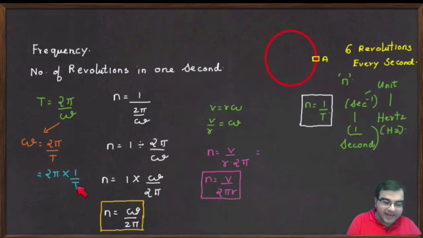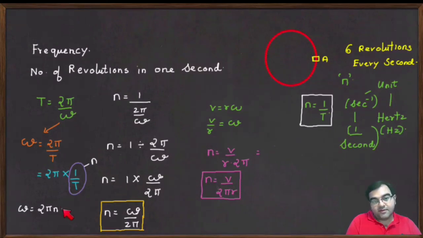So instead of this 1 by T, I will put n. And I will get omega is equal to 2 pi n. So I get a formula for omega, which is nothing but 2 pi n. I suppose everyone knows omega is angular speed or angular frequency. 2 pi is constant and n is just frequency. So omega is angular speed or angular frequency and n is just frequency.